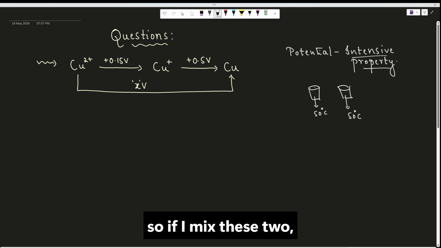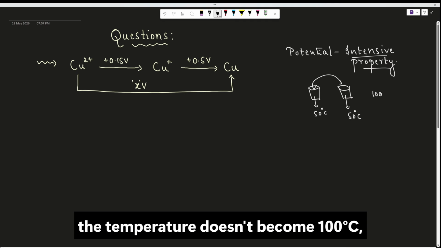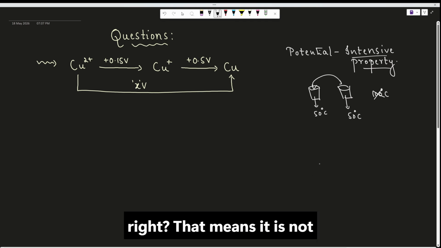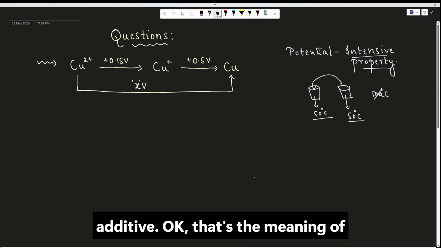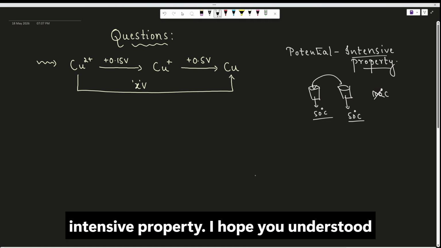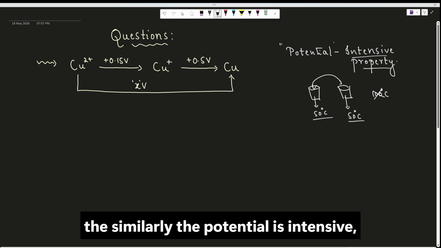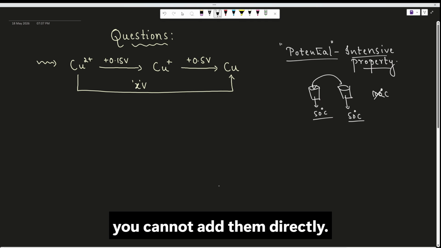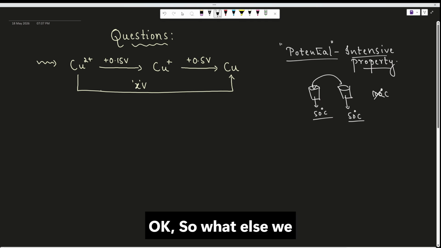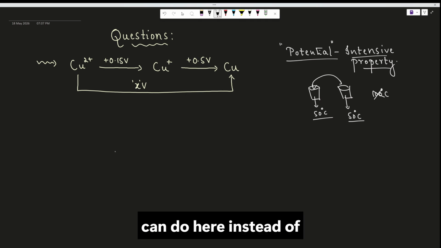Okay, so if I mix these two, the temperature doesn't become 100 degrees Celsius, right? That means it is not additive. Okay, that's the meaning of intensive property. I hope you understood this. Similarly, the potential is intensive. You cannot add them directly. Okay, so what else we can do here?